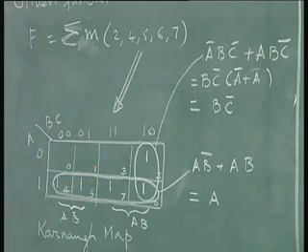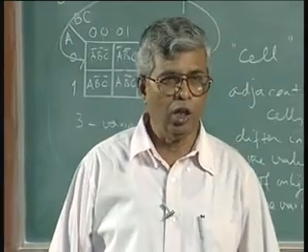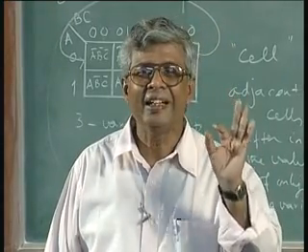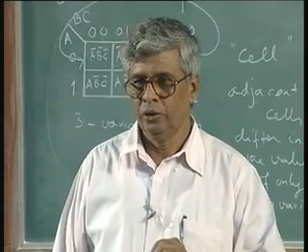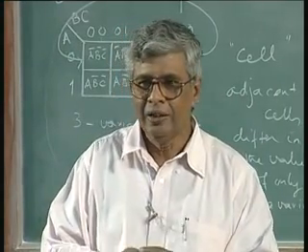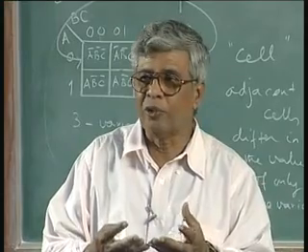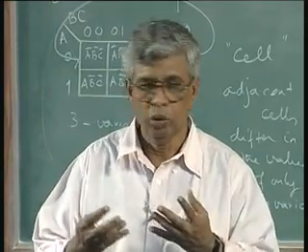It is not necessary to knock off only one variable. You can knock off 2 variables. You can knock off 3 variables. In order to knock off 3 variables, you need 8 ones in a group. So if you have more ones in a group of adjacent cells, it is better for us because we are going to simplify better. Our reduction is going to be more.